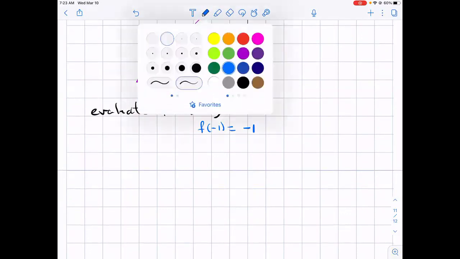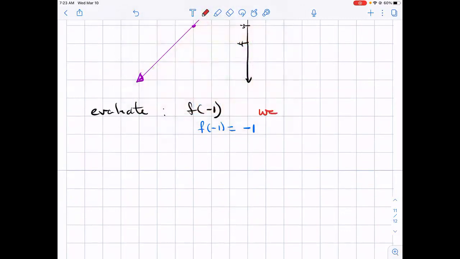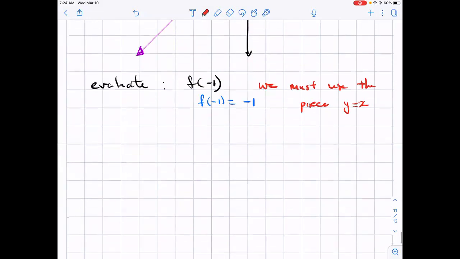We must use the piece y equals x, and that's because x is where the value is less than 0.